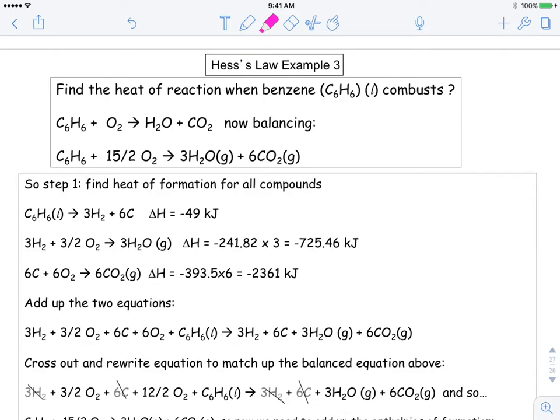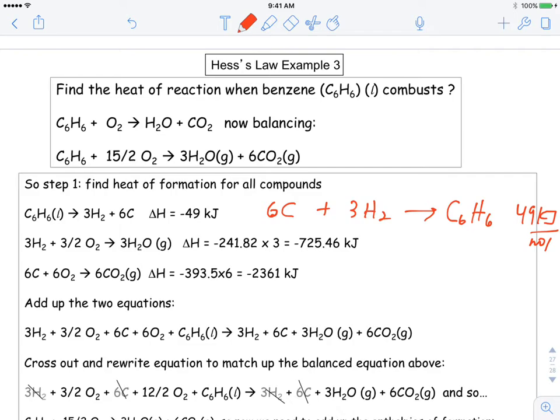And I manipulated them. So my first heat of formation is the benzene. And remember, benzene's heat of formation would be this: 6C plus 3H2 yields C6H6. And its heat of formation would be 49 kilojoules per mole.